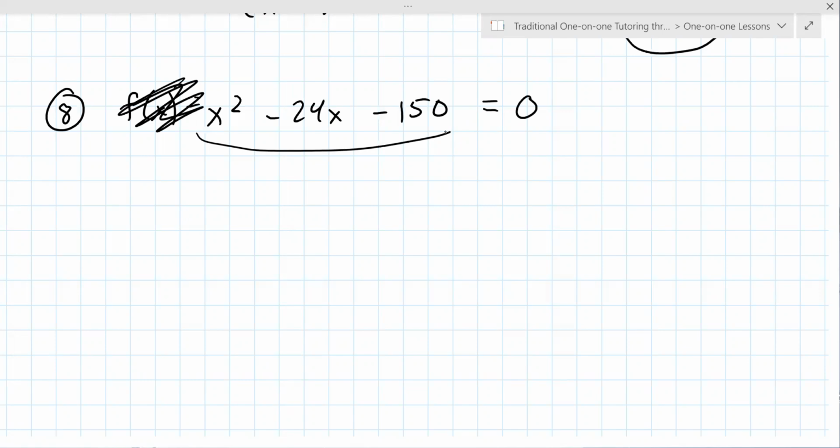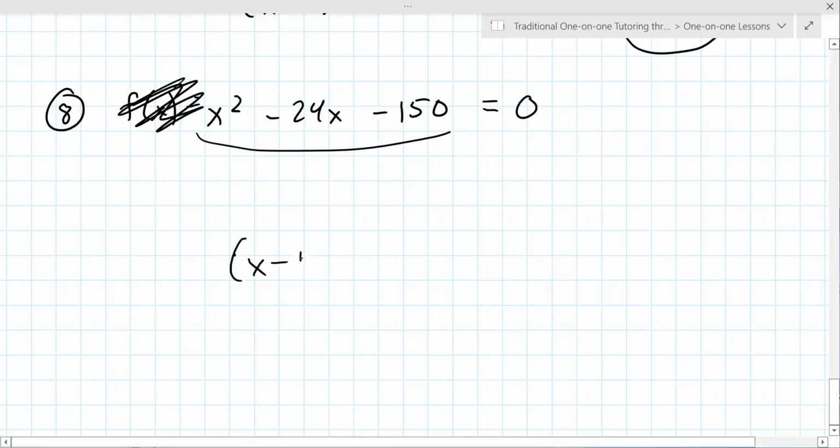Then you add the 144 and 150, right? Yeah. 294. x plus 13 squared minus 294.